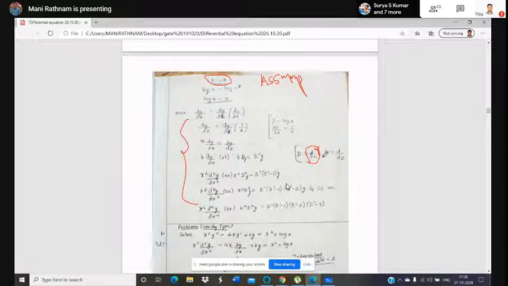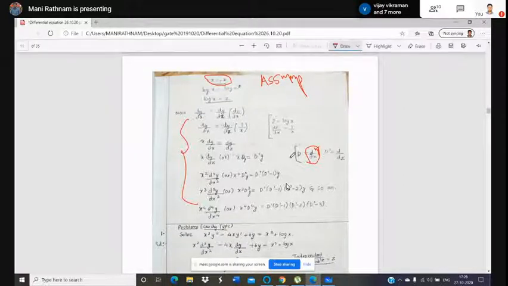Y is the dependent variable and x is the independent variable. With the help of this substitution, I have to change to the new independent variable, that is z. So D dash is nothing but d by dz. So x equal to e power z, so take log on both sides. This is the working rule.